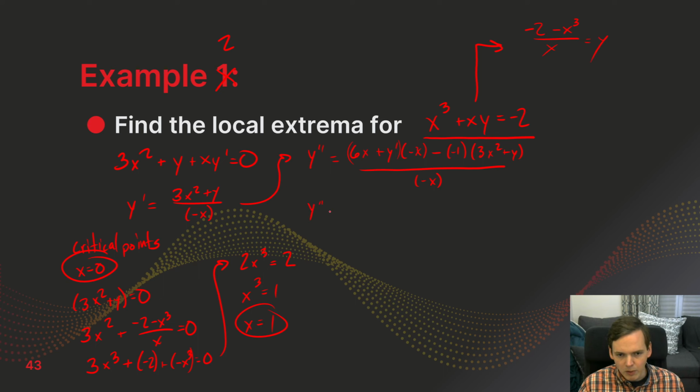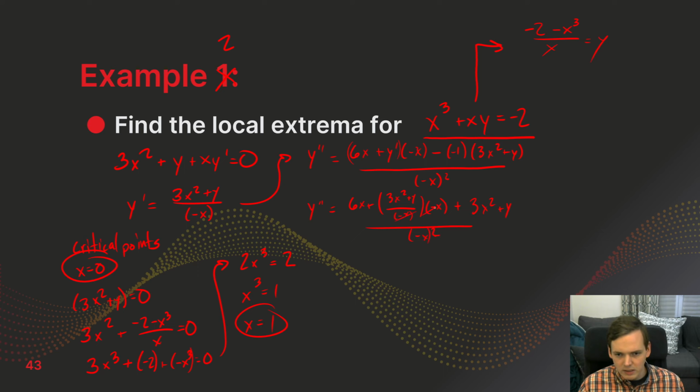So y double prime is equal to 6x plus y prime, which will be 3x squared plus y over negative x, times negative x minus negative 1, so plus 3x squared plus y, all over negative x squared.